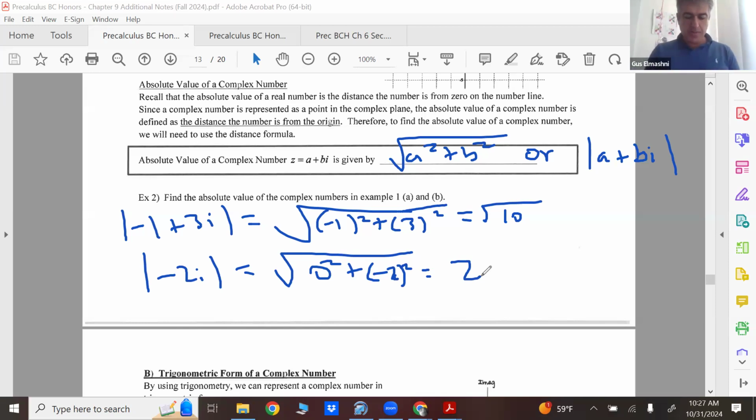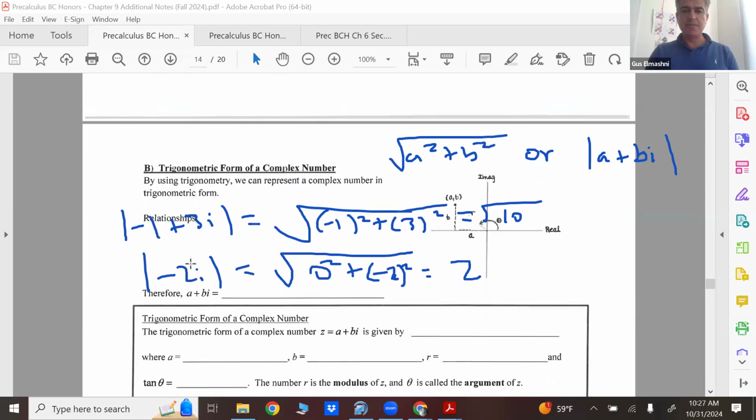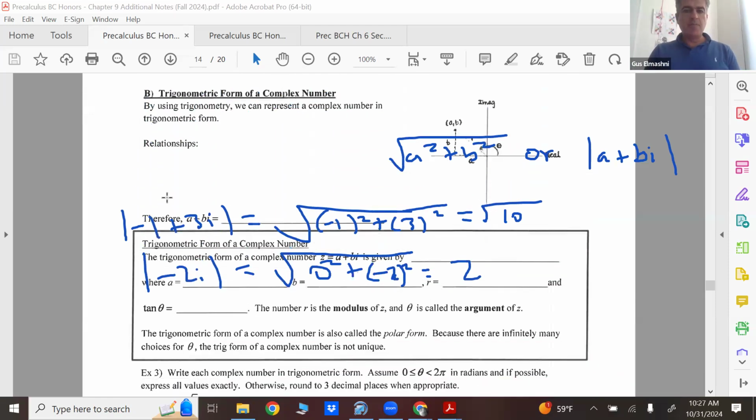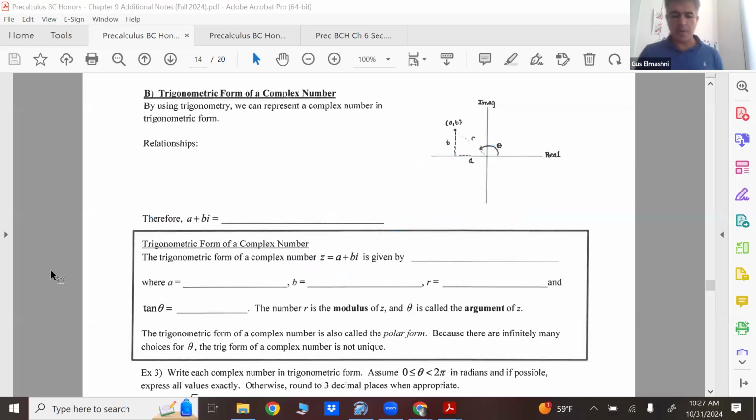Okay, now let's start bringing some trig into the mix here. This is kind of a big deal. This opens up a big gateway. Let's say I plot a plus bi. If you think about it, wouldn't cosine theta equal a over r?